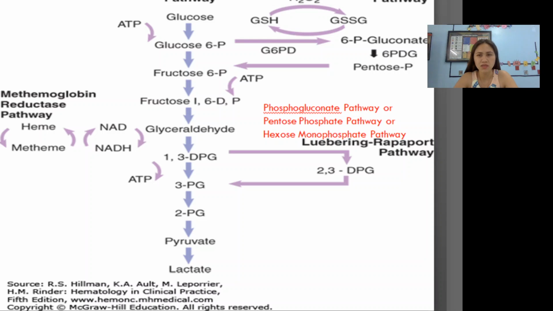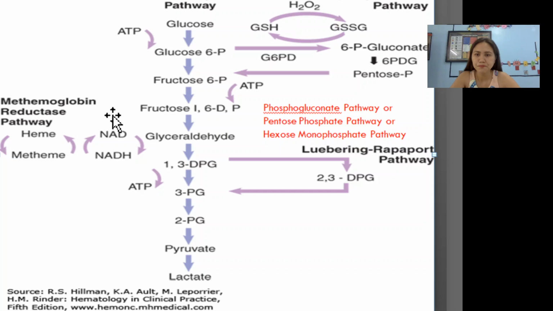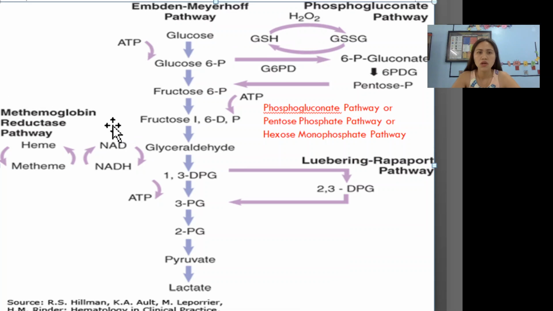So this is the whole process of glycolysis, where you have one major pathway and then 3 other bypass pathways. But they are very important. All of these are important to undergo so that the glycolysis process will be successful.